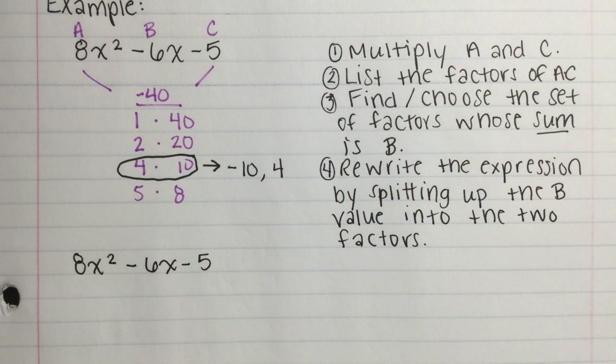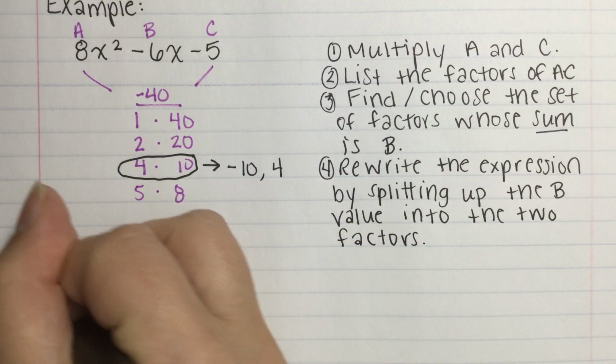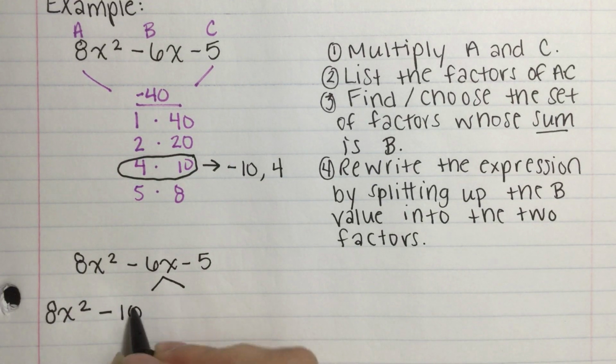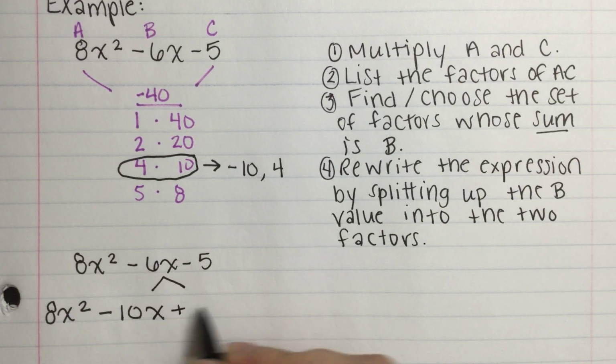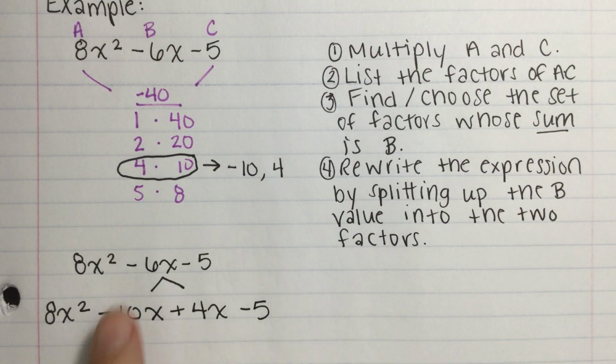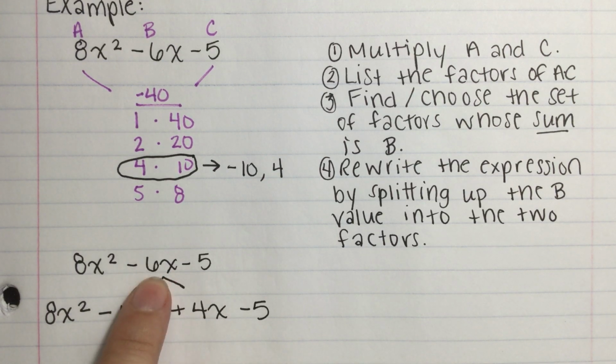So the way that I'm going to write that, I've got 8x squared minus 10x plus 4x minus 5. So what you should see is that negative 6x, all I did was break it up into the two factors. So I'm kind of undoing what we would normally do to simplify, because negative 10x plus 4x actually simplifies to negative 6x, but I've now split it back up.